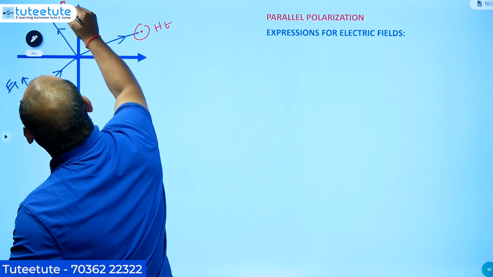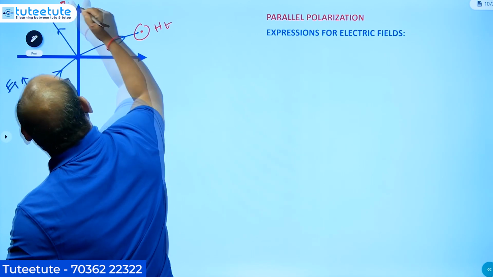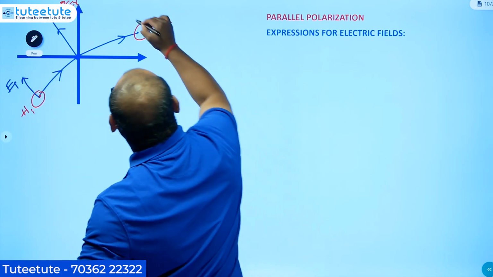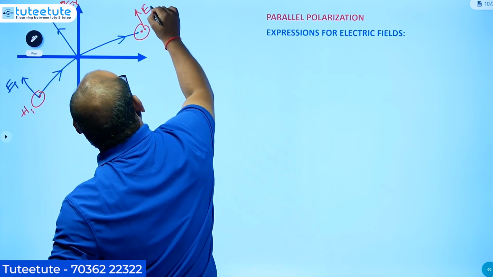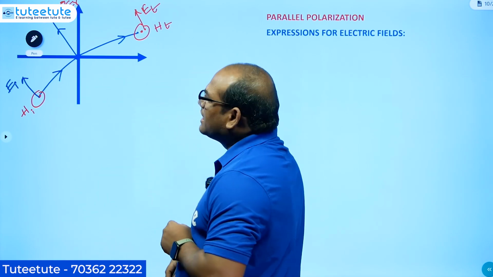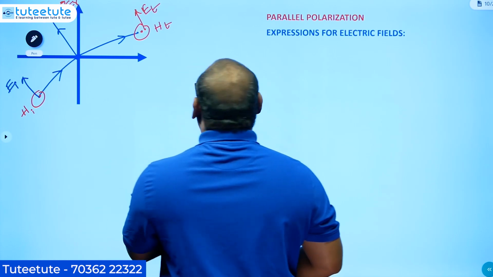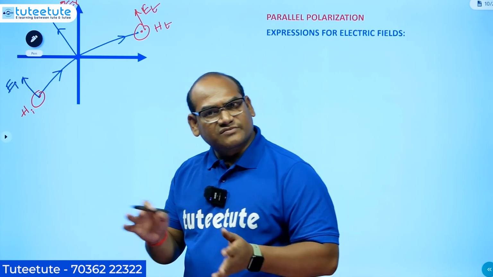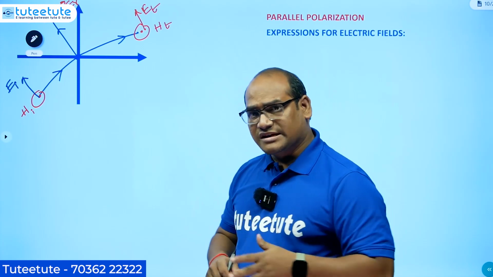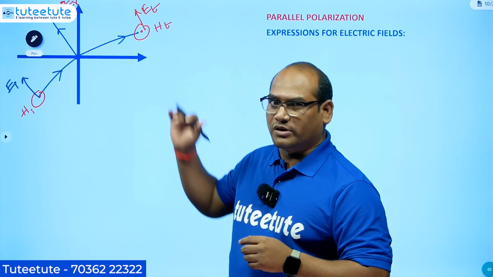So this is ER. And by seeing this one, we can write ET like this. Okay, this is what we need to understand. Now, according to the boundary conditions, tangential components of the electric fields and magnetic fields are equal, because we did not consider any current components or the charge on the boundary.